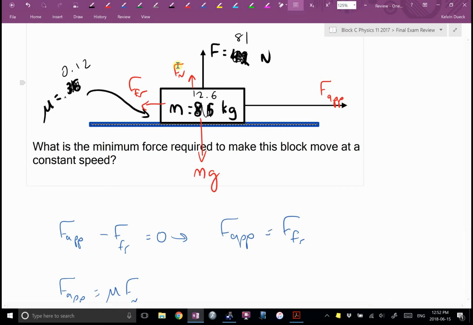In other words, if I write a vertical force equation, I have mg, everything down, equals 81 plus the normal force. How would I get the normal force by itself? What will I do with the 81? You are right, sir. It's going to be mg minus 81.